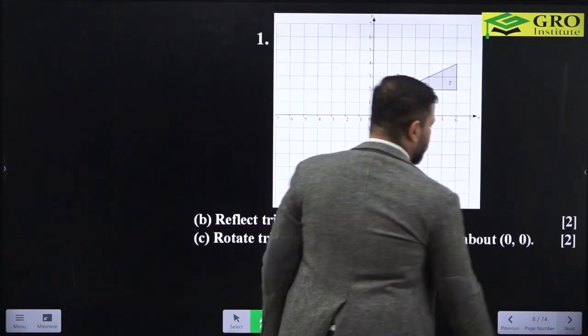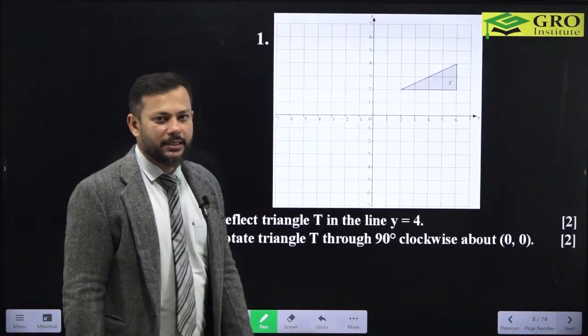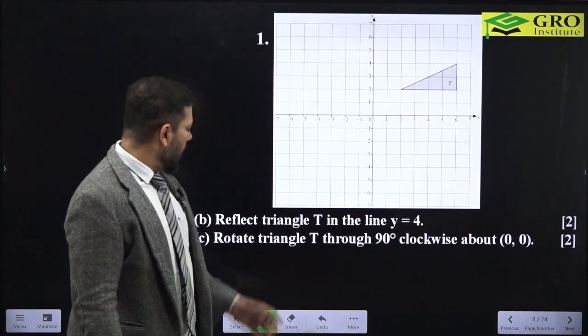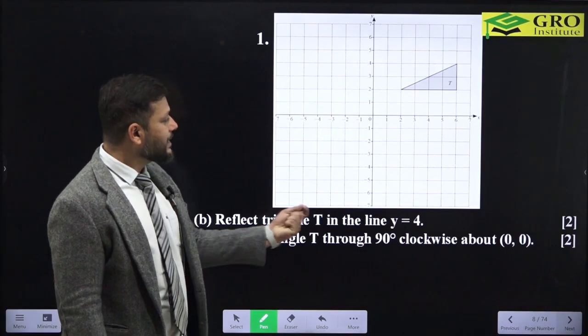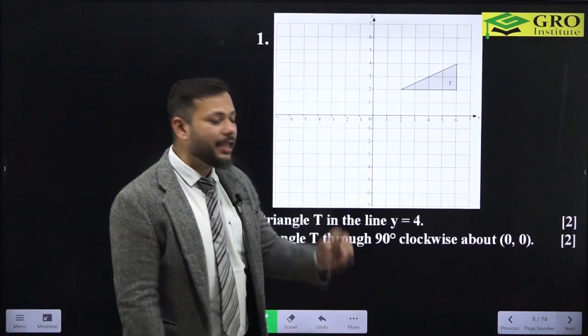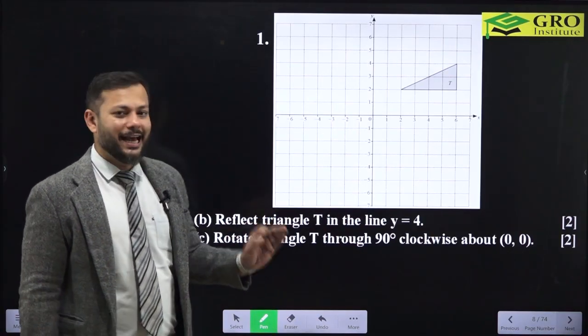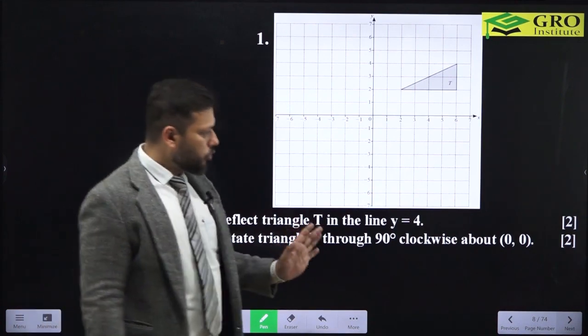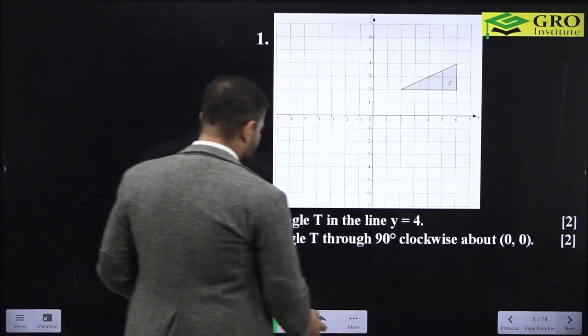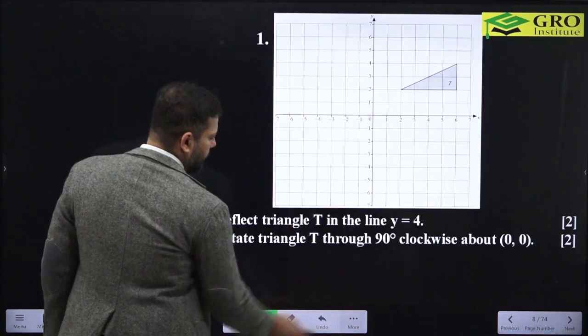Moving ahead, guys. Next, what do we have over here? Now we have to reflect triangle T in the line y equals 4. First of all, we need to have a line y equals 4. You would be doing it on that same page, but I am just writing it over here.